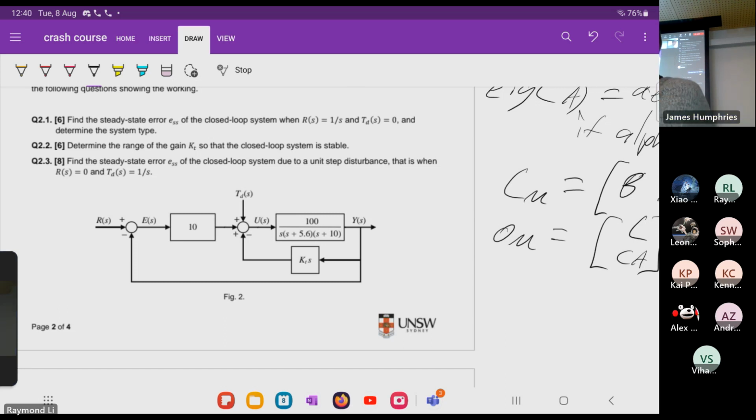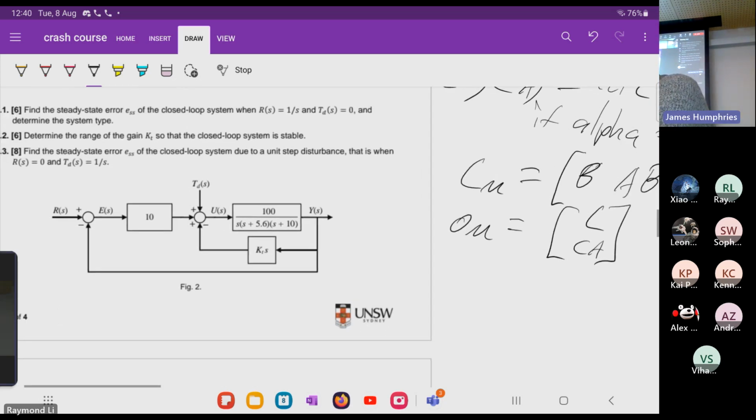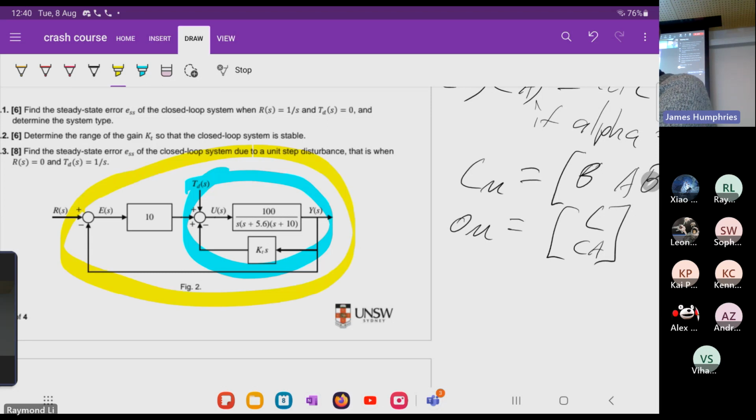Perfect. So we can say that we have this system here, this first part, and then we'll deal with this part.